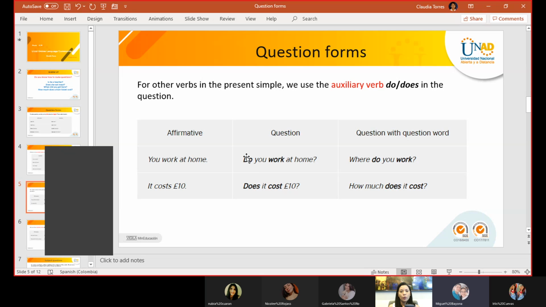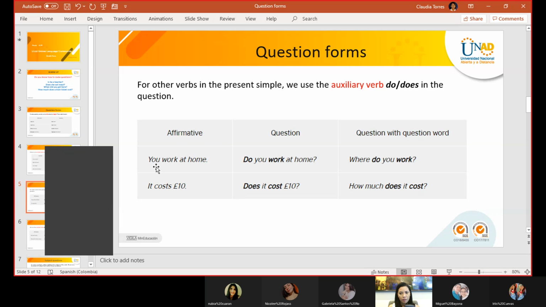Yeah, that's right. So we use do for the pronouns I, you, we, and they. And we use does for the third person singular, like it, she, and he. Right? And here you have some examples.